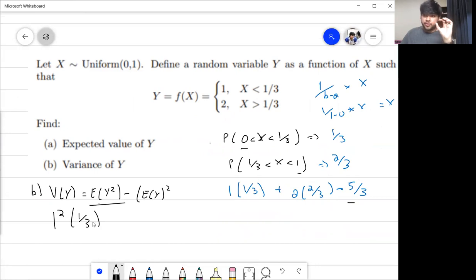Basically, the discrete value of y should be squared and multiplied by the probability of that value. Right? 1 square into 1 upon 3 plus 2 square into 2 upon 3, minus the expectation of y whole square, that is minus 5 upon 3 whole square. Okay, this is what the variance of y should be.